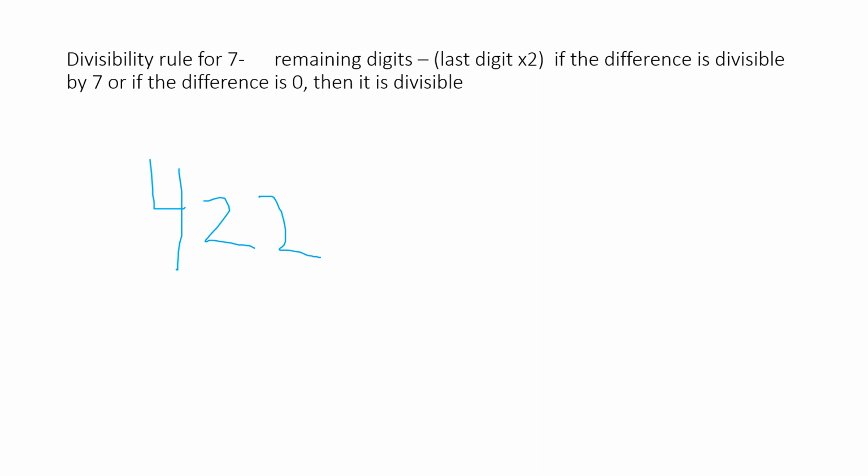Okay, here, let me add a 3 over here. Now I'm going to take this and split it. So the last digit times 2. Okay, so I'm actually going to erase this. The last digit times 2. So times 2 would be 4.